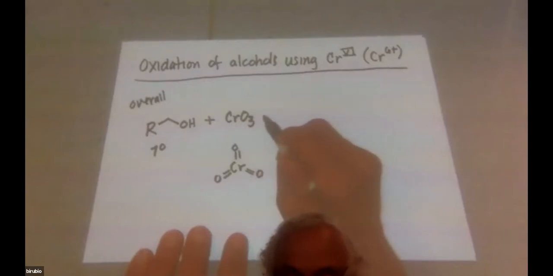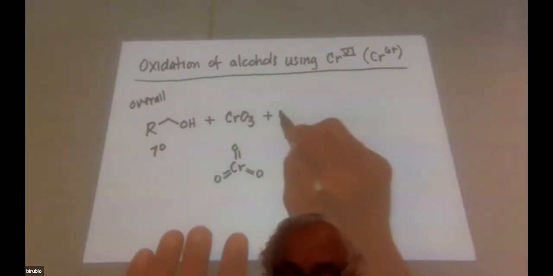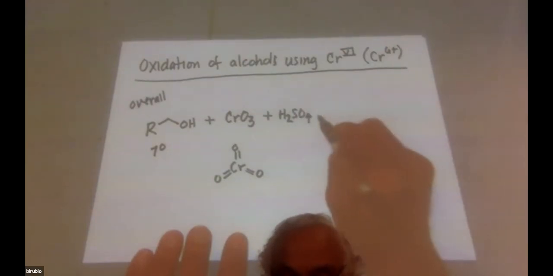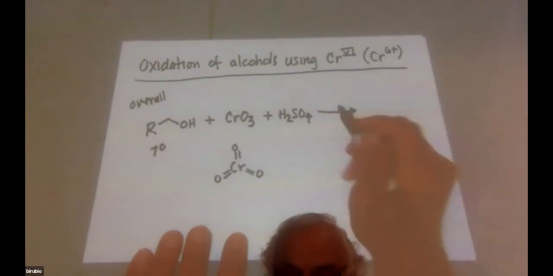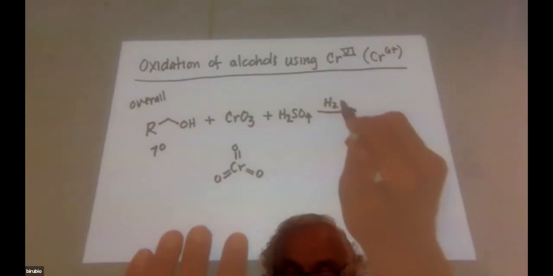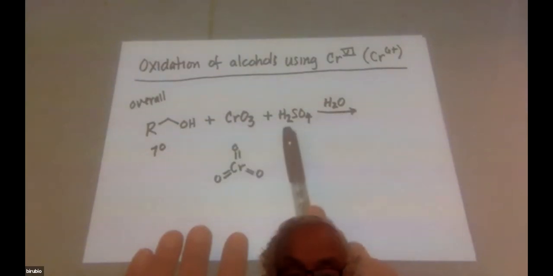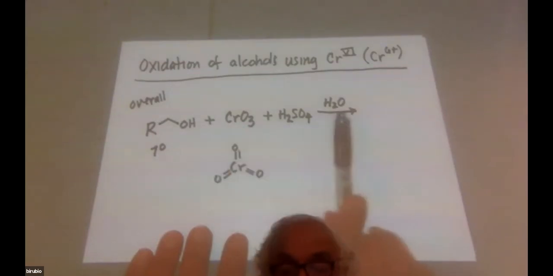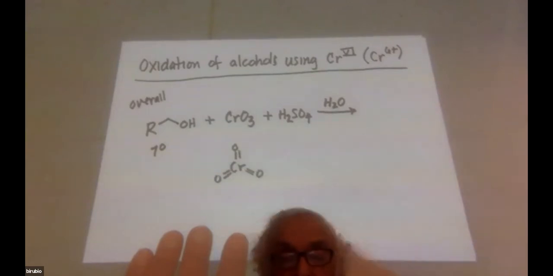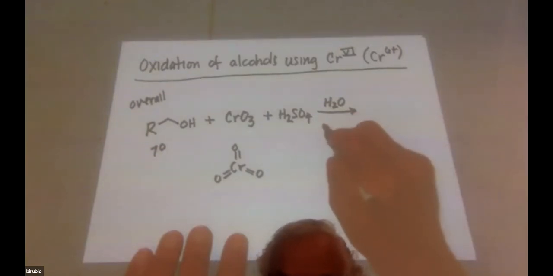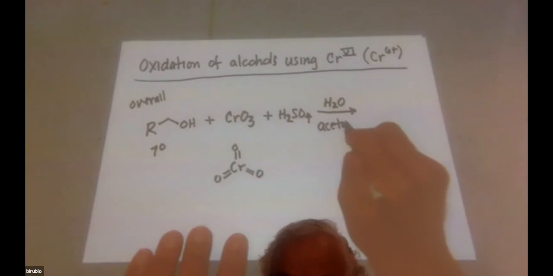Plus acid, and what we usually use is sulfuric acid. And then the solvent we use here is water. That's going to dissolve the chromium trioxide and the sulfuric acid, but not every alcohol will dissolve in water. So we usually need an organic solvent that can dissolve the alcohol as well. The solvent of choice here is acetone.